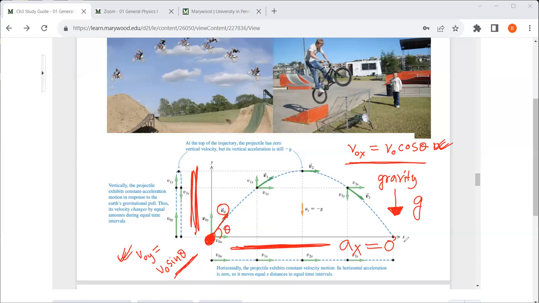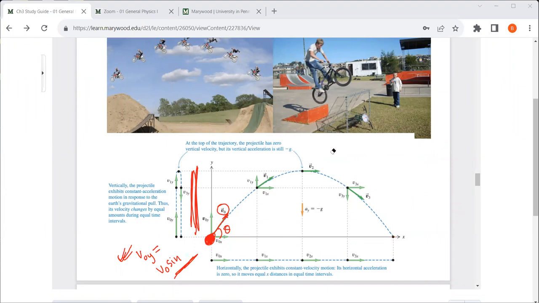Now what does it mean? It means the motion of the object is a combination of two separate things. Let me erase all those things and summarize here.